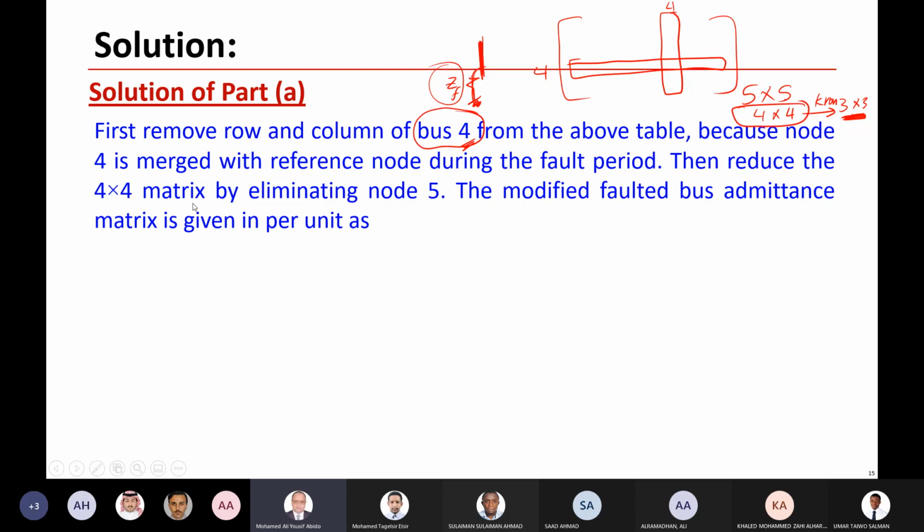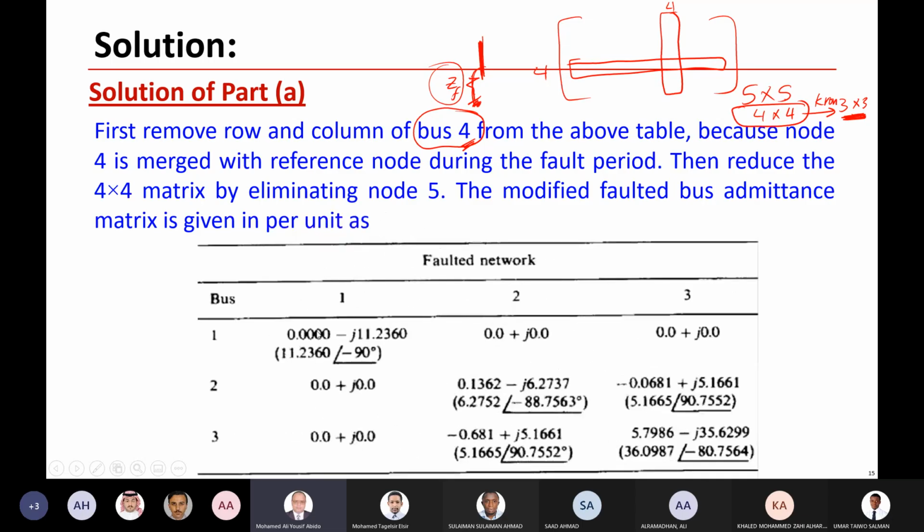Then reduce the 4 by 4 matrix by eliminating node 5. The modified faulted bus admittance matrix is given in per unit as. So this is the 3 by 3 Y bus matrix, and this is the reduced one.